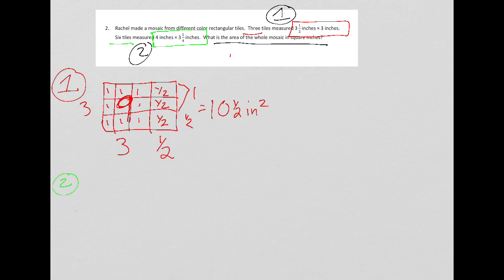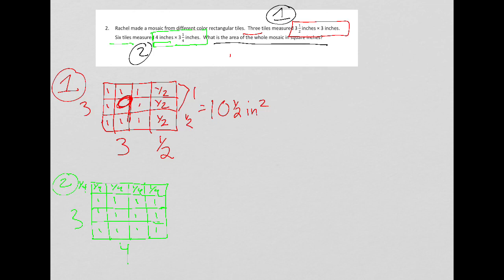Okay, tile number 2. Tile number 2 says it's 4 inches by 3 1/4 inches. So here's my tile. 4 inches by 3 1/4. So I need 1, 2, 3, and then that's my 1/4. So each one of these is worth 1, and then each one of these is worth 1/4.